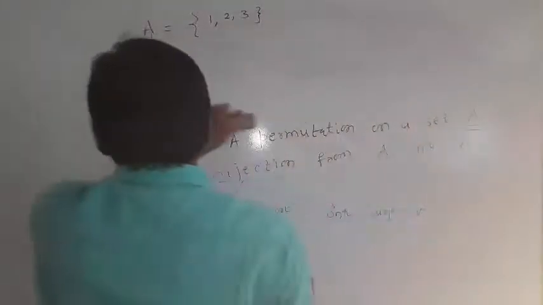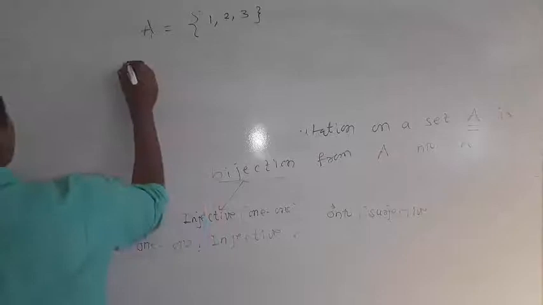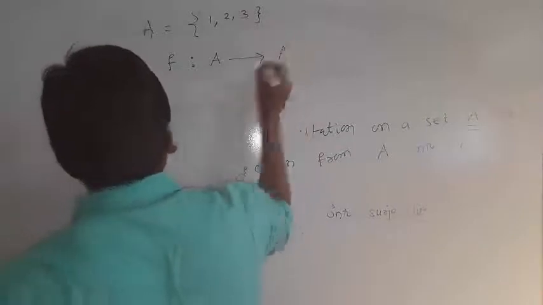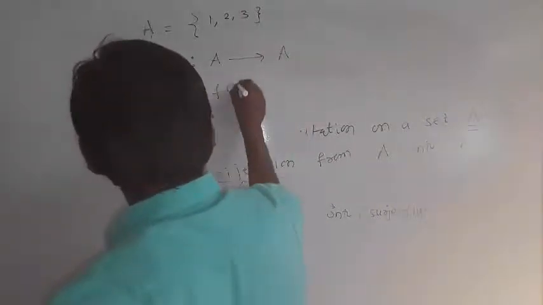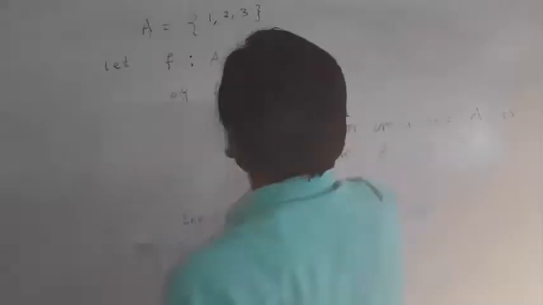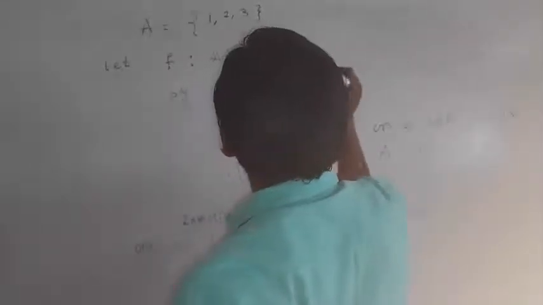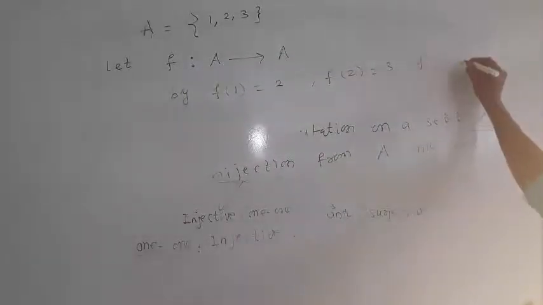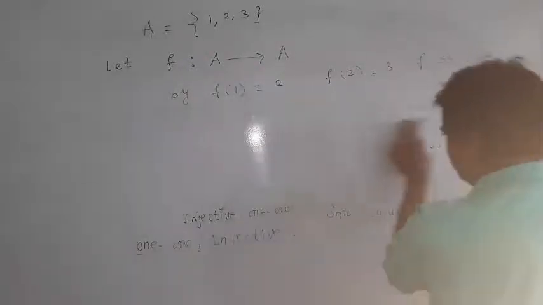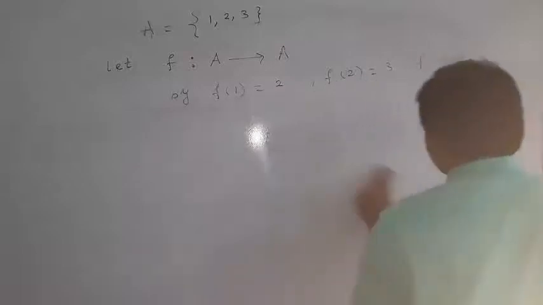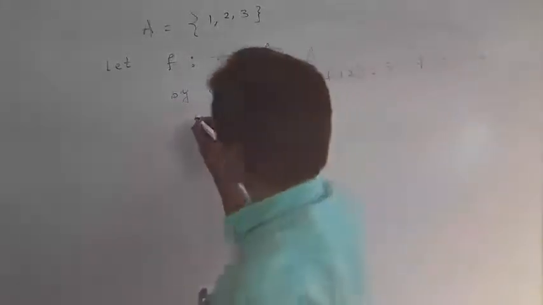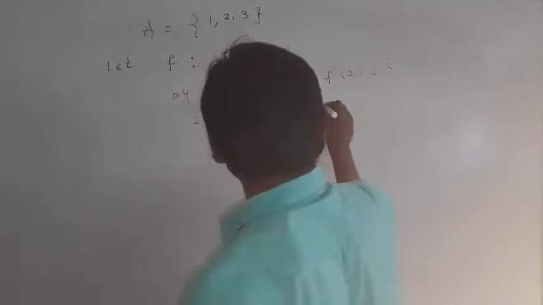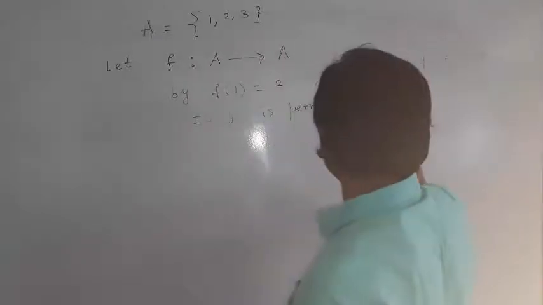Then let us define a function f from A to A by f of 1 is equal to 2, f of 2 equal to 3, and f of 3 equal to 1. Then is this f a permutation on A?